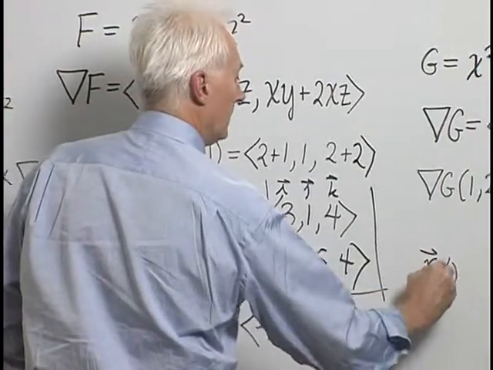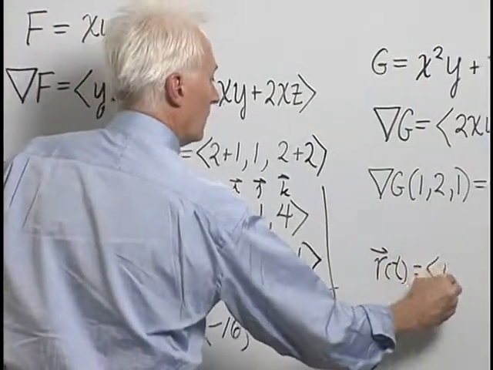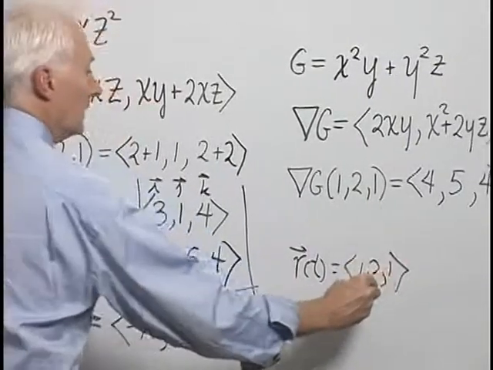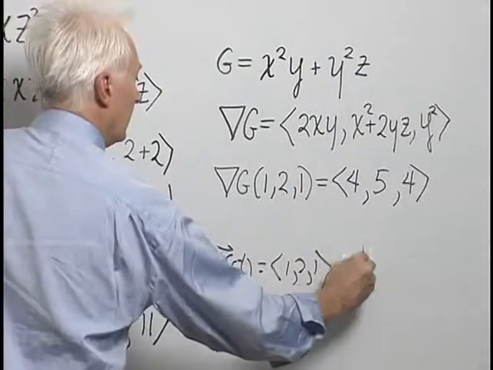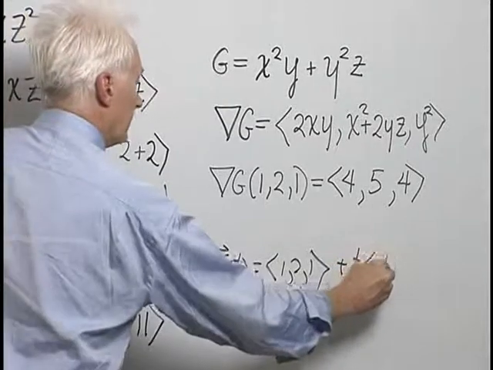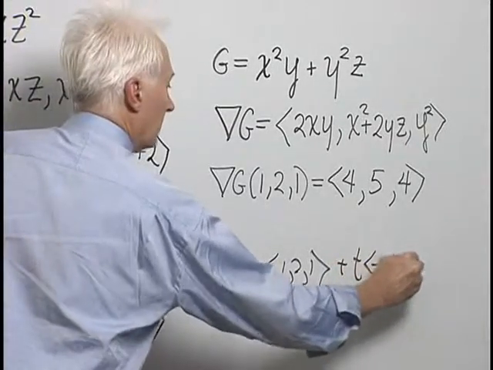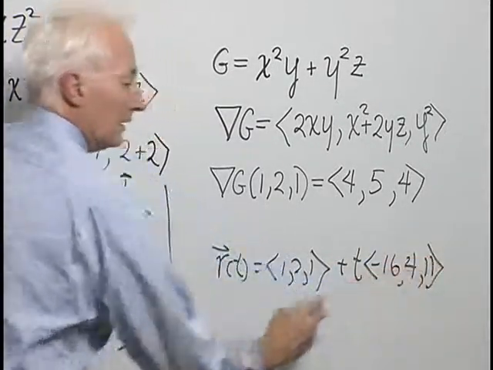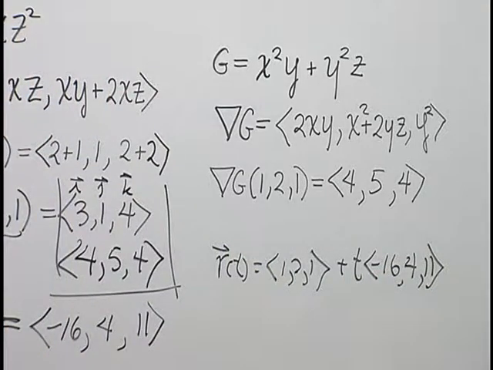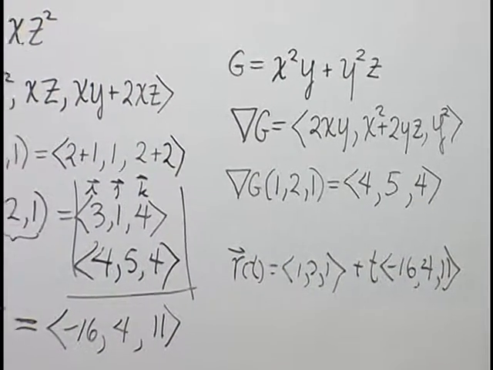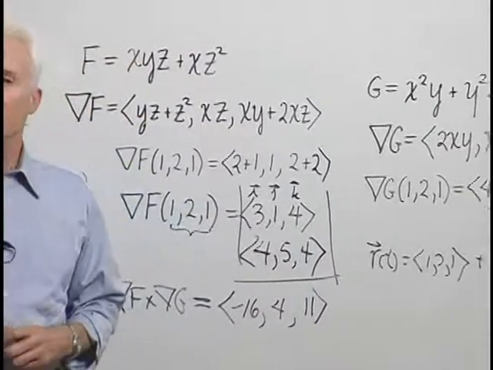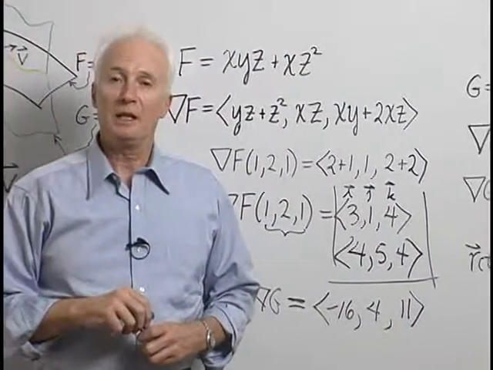It's just r of t equals (1, 2, 1) plus t times (-16, 4, 11). You have the parameterization. Of course, it's easy to rewrite that in terms of three parametric equations.